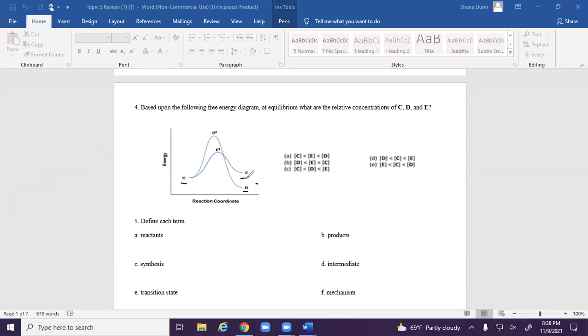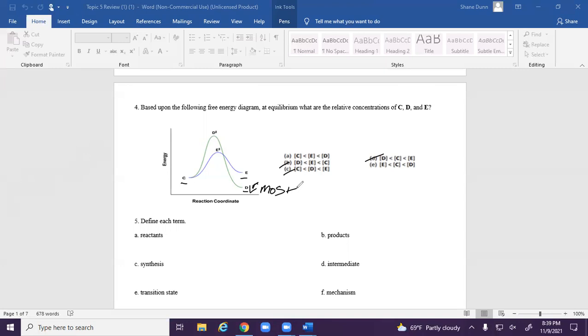D. This is the lowest energy, which means it's the most likely to occur, correct? So we already eliminate B, C, and D, because D is the most likely to be made, because it takes the least amount of energy. So which one is the second least amount of energy?